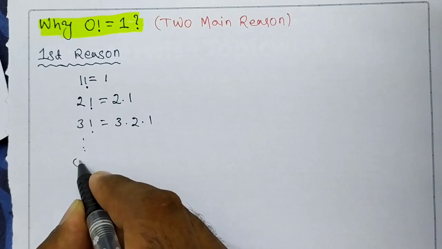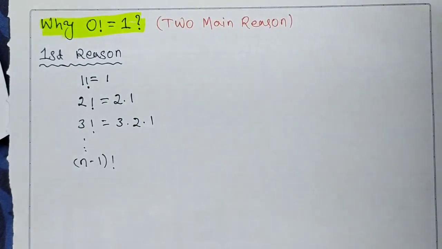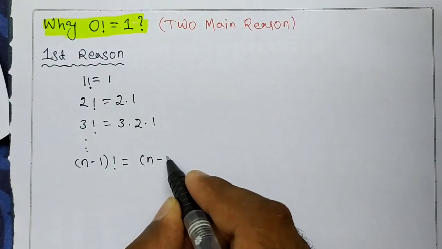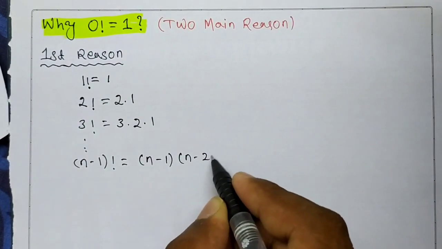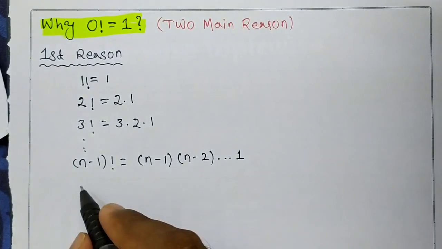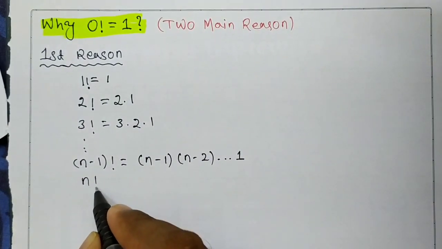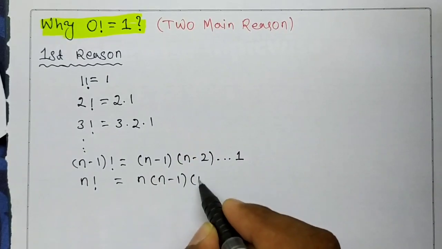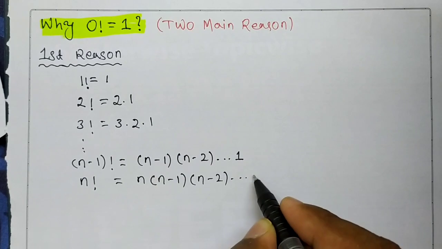Like this, if you find n minus 1 factorial, where n minus 1 is any natural number, then obviously it is n minus 1, n minus 2, up to multiplication 1. Finally, n factorial is n into n minus 1, n minus 2, up to 1.